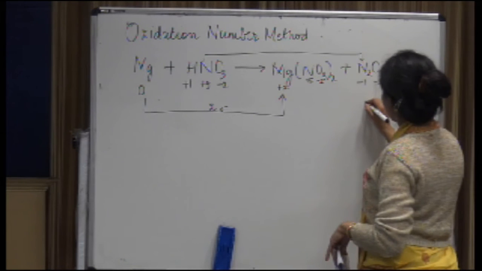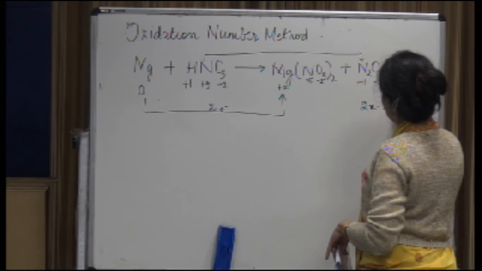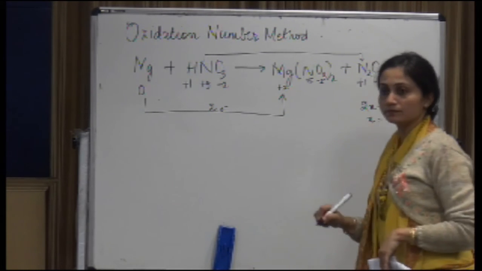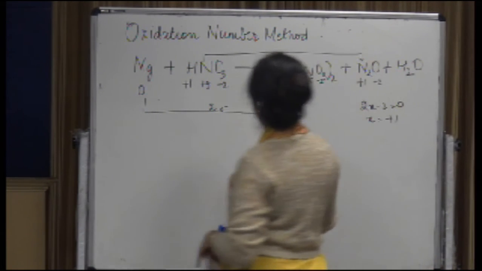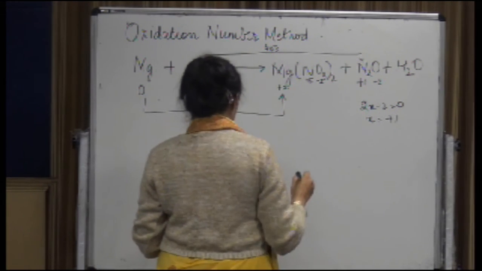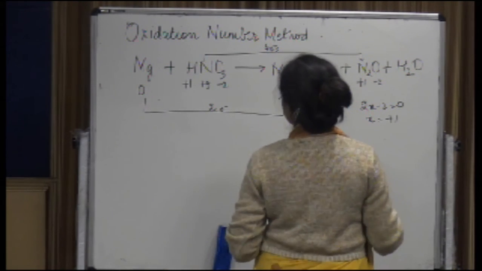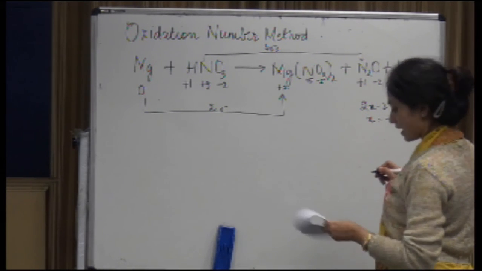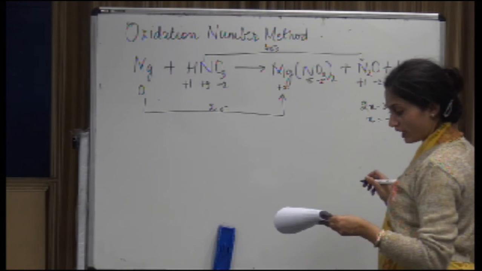Here you will have 2x minus 2 is equal to 0, so x will be equal to plus 1. Right? So here you will have a change of 4 electrons.